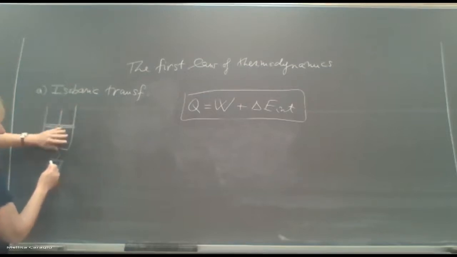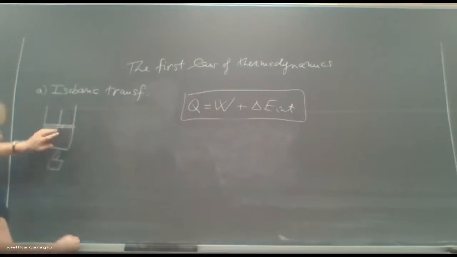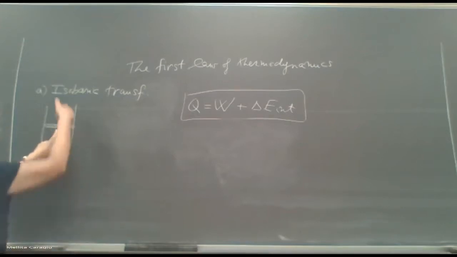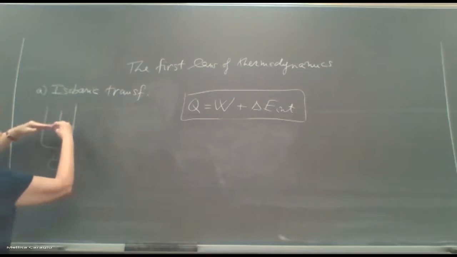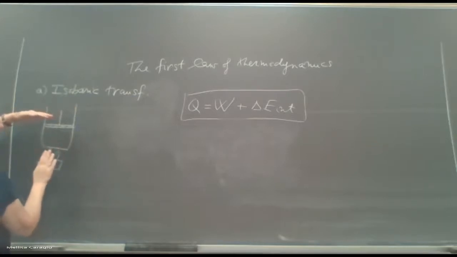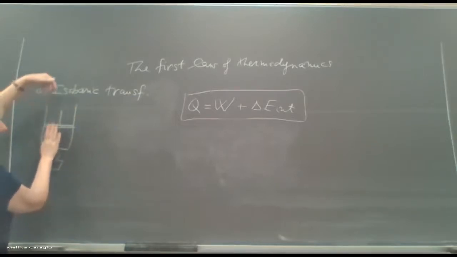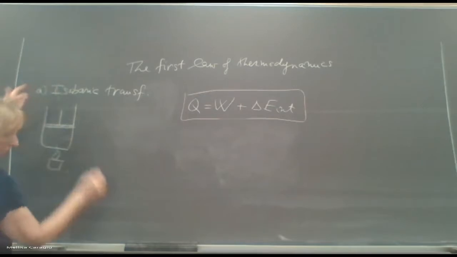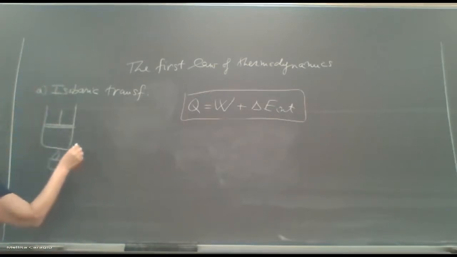What does that mean that the pressure stays the same? Because the pressure is always equilibrated by the atmospheric pressure and the weight of the piston. So if I allow the piston to move freely, that means at any moment the pressure inside equals the pressure from outside.